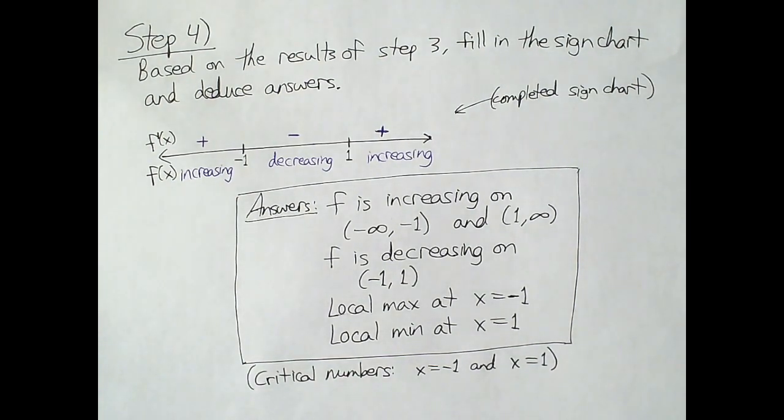So if you get a multi-part problem, it might say part A, find the critical numbers. Part B, where is f increasing? Part C, where is f decreasing? Part D, where are the local maxima? Part E, where are the local minima? So this kind of lends itself well to those kinds of problems.